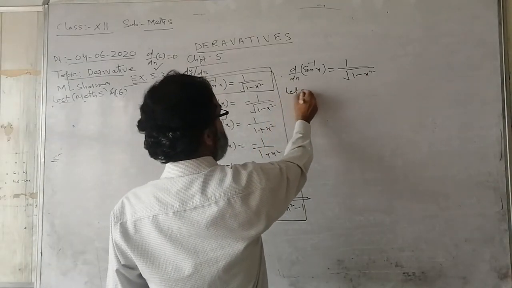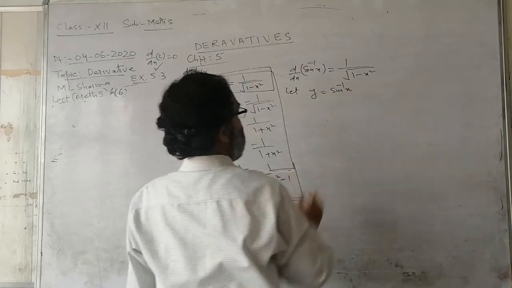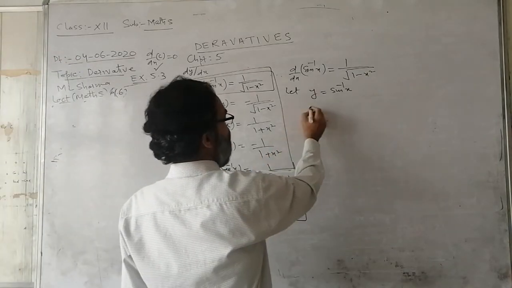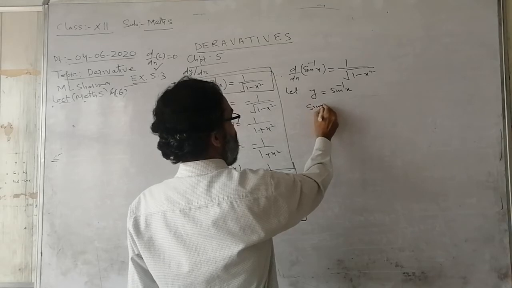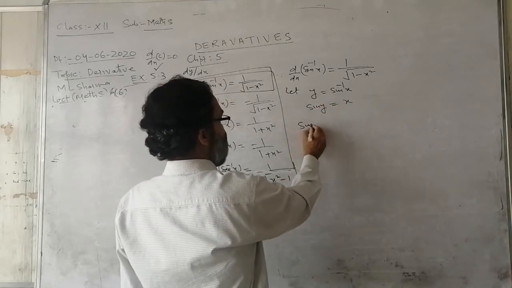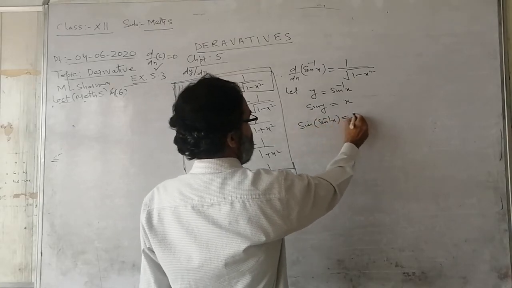Let y equal to sine inverse x. We suppose this y is equal to, I can say, sine y equal to x. Now sine into sine inverse x, this is equal to x.